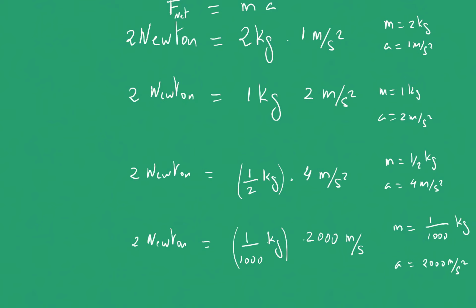It's an incredible acceleration on a small object. So 2 newtons, the same force, will produce different accelerations on different objects depending on their mass. If the mass is 2 kilograms, it will produce only an acceleration of 1 meter per second squared. But if the mass is reduced and it's a very small mass, the acceleration will be very, very big.